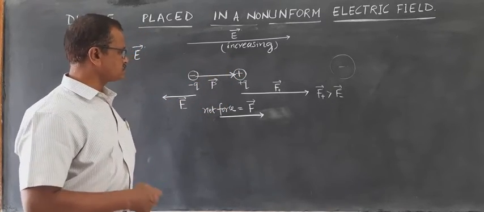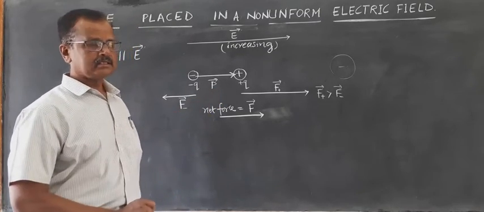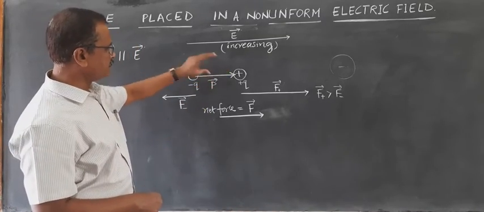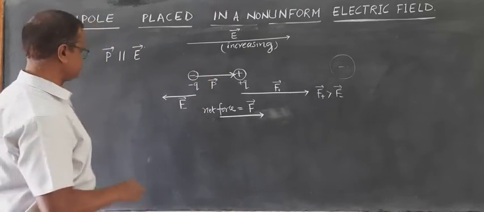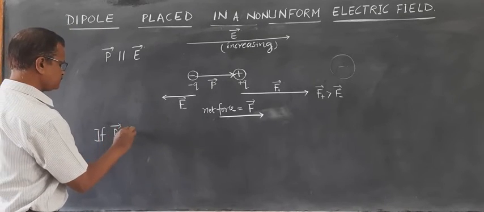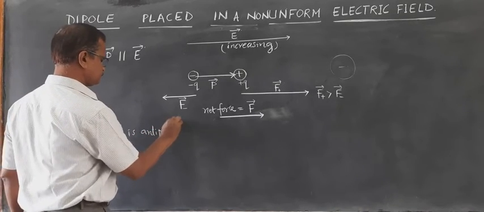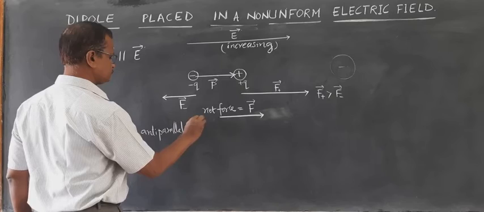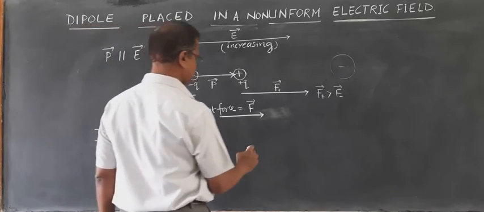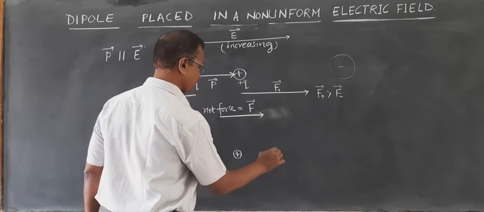Now let us suppose this dipole is placed with its dipole moment anti-parallel to the electric field. If P is anti-parallel to the electric field, suppose this is the orientation of the dipole.